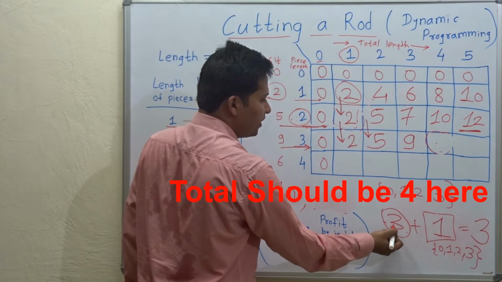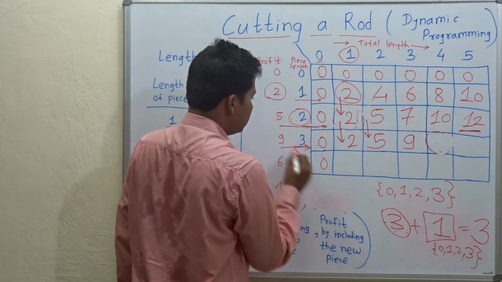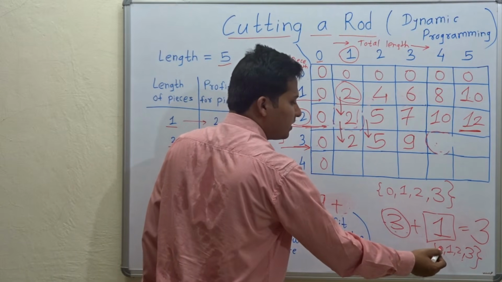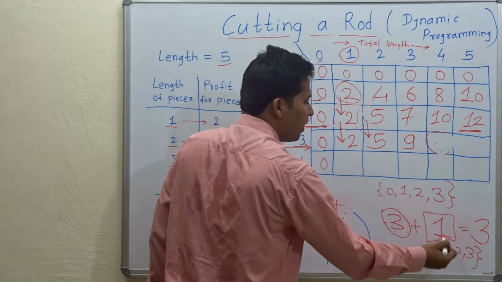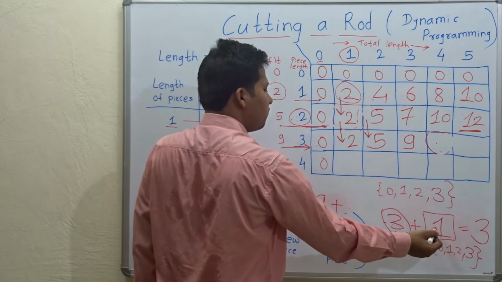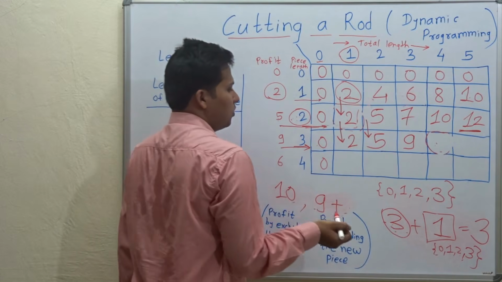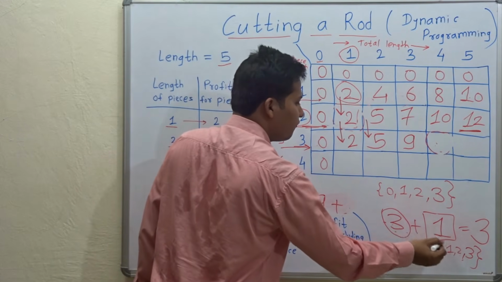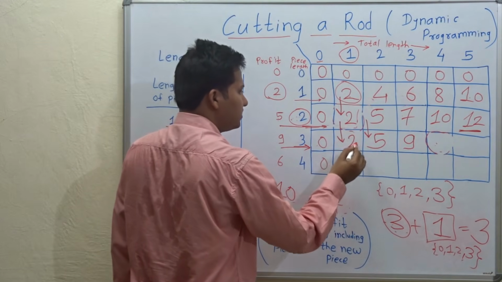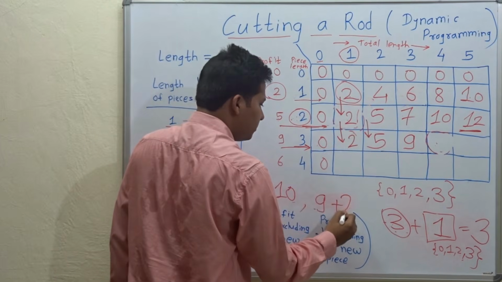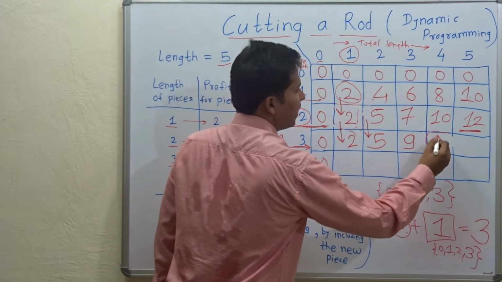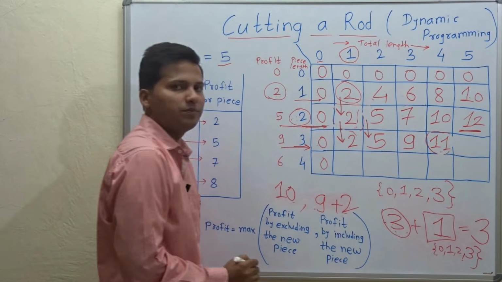Okay, and the profit for this piece of length 3 is 9, plus the remaining profit. By using 0, 1, 2, 3, you want to make a length of 1. Okay, so what is the profit? So go to the first cell of the same row, that is 2, and add that profit 2. So 9 plus 2 is 11. What is maximum? 11 is maximum.